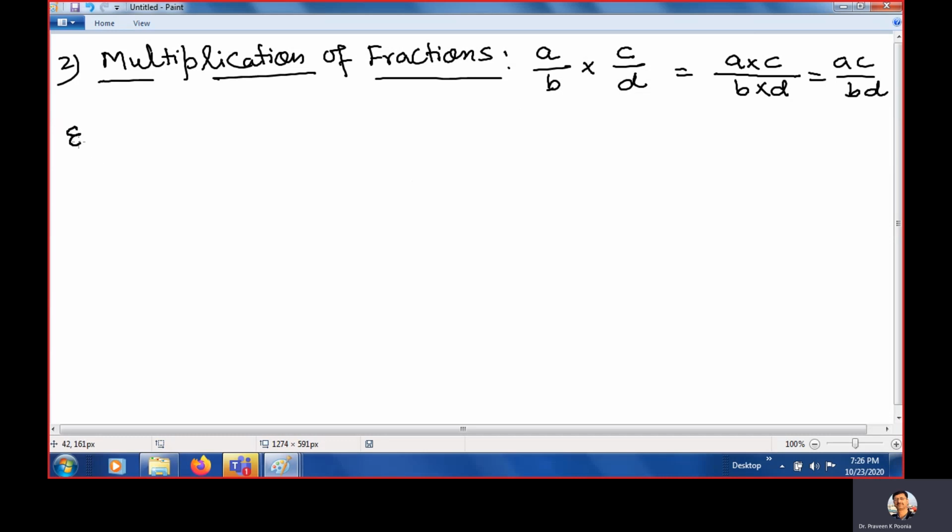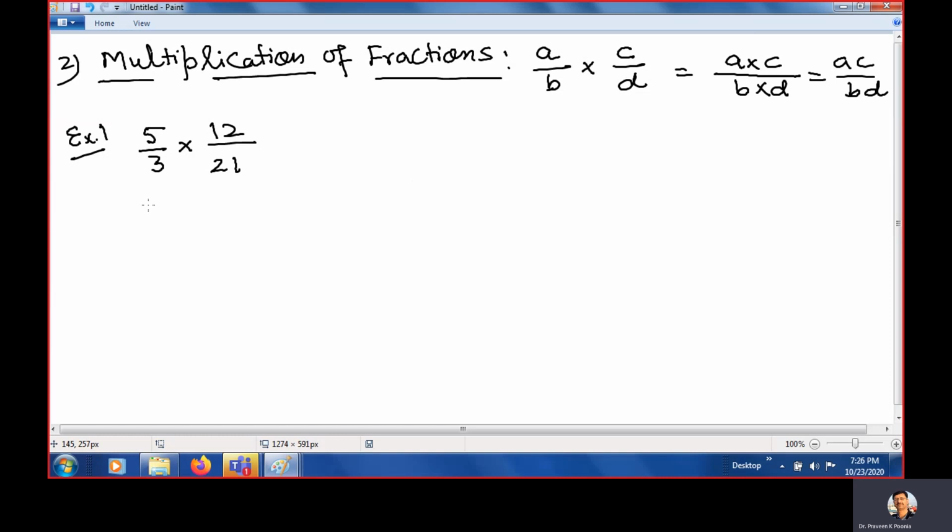So here we can take examples, and in this case also, if you can make the obtained multiplication into lowest terms, that will be good. So example number 1, it is 5 upon 3 multiplied by 12 upon 21.